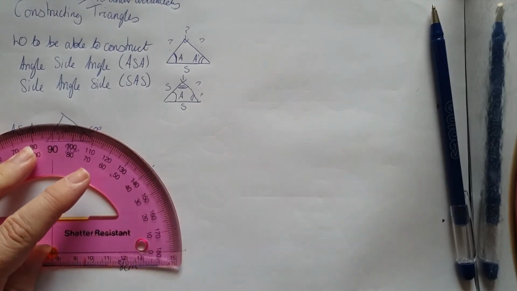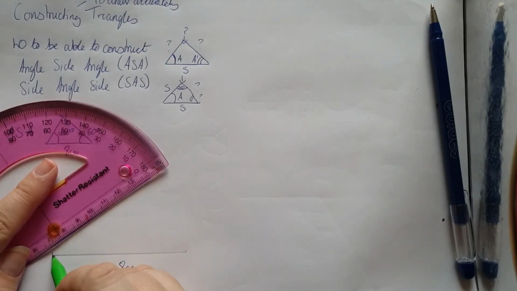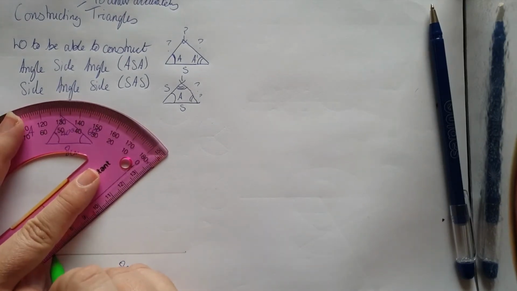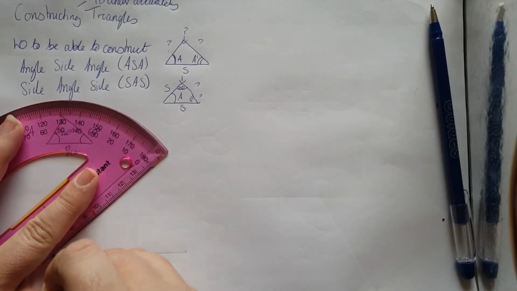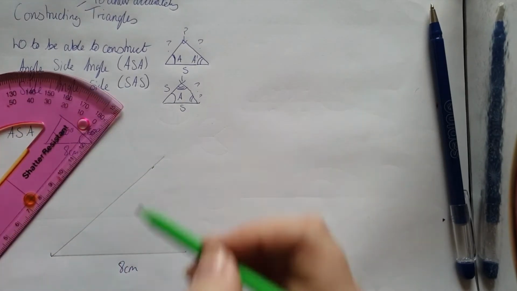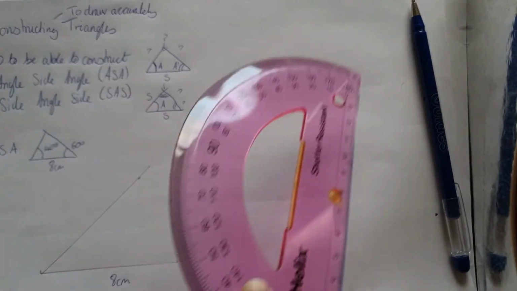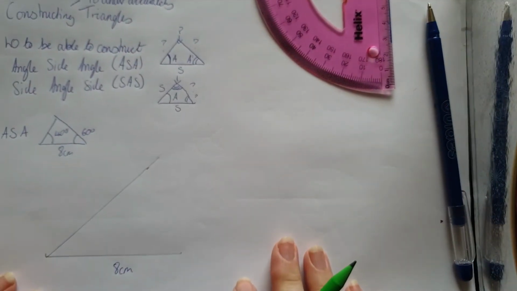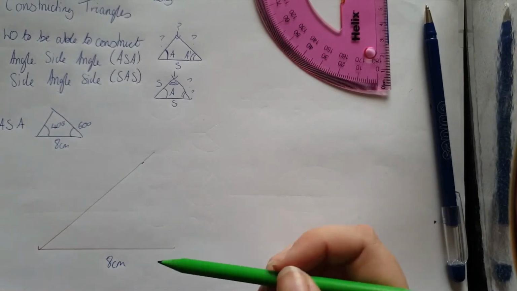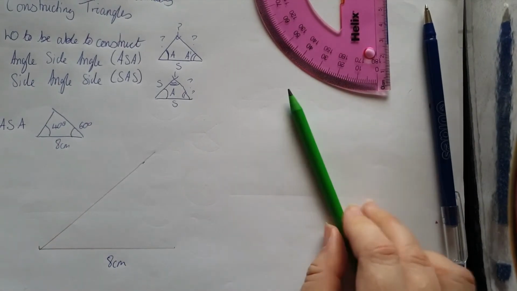Okay, mark it on, and then I'm going to join it. Now, this is a construction line, and you never ever rub out construction lines, okay? Right. Oop, got to label it.